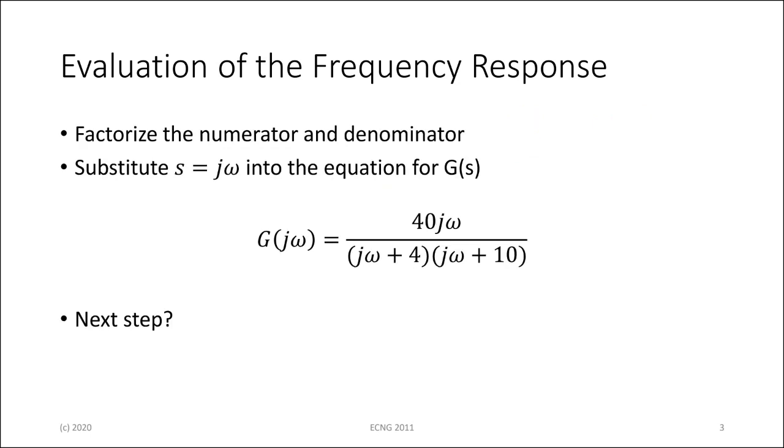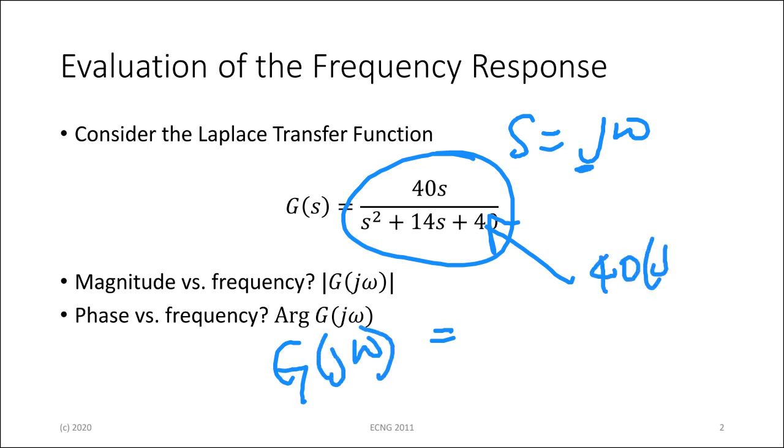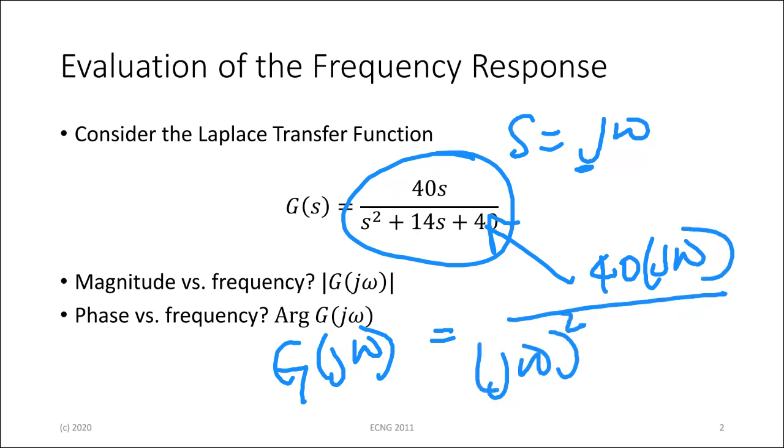It's easier to do if you get rid of all of the higher powered factors. So the first thing that you do, if you're given a quadratic like this, try to factorize it, right? Because I could have just done it here, and if I were to substitute s equal to j omega just as it is here, I would have 40 j omega over (j omega) squared plus 14 j omega plus 40.